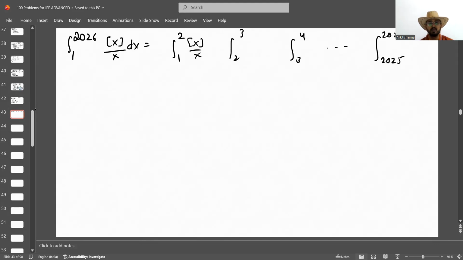So GIF of x over x, then here also GIF of x over x plus GIF of x over x, and so on up to this one also GIF of x over x dx. This could be written as summation n is equal to 1 to 2025.